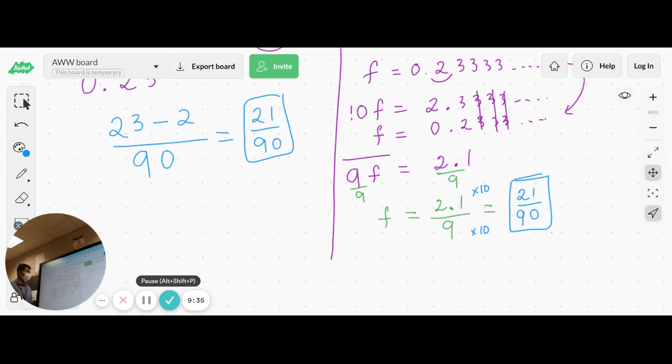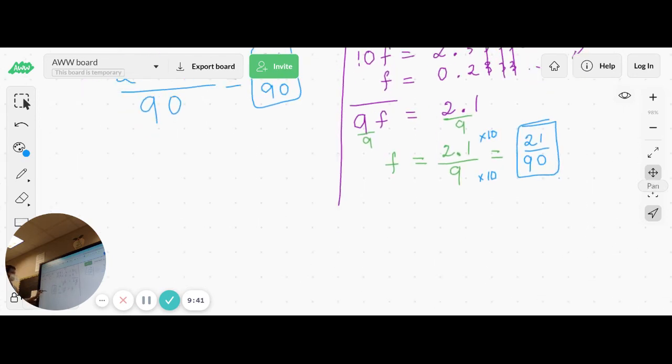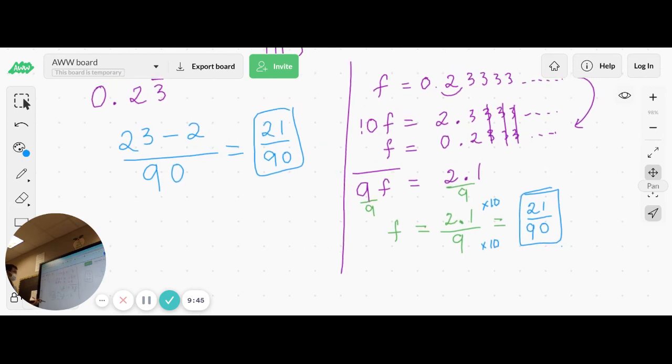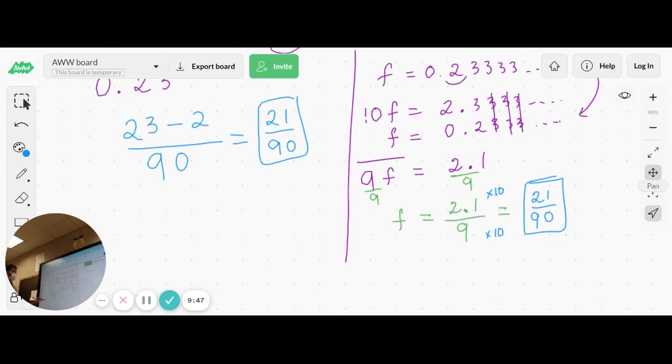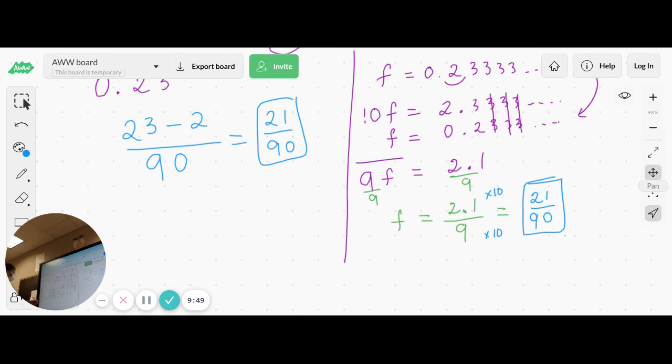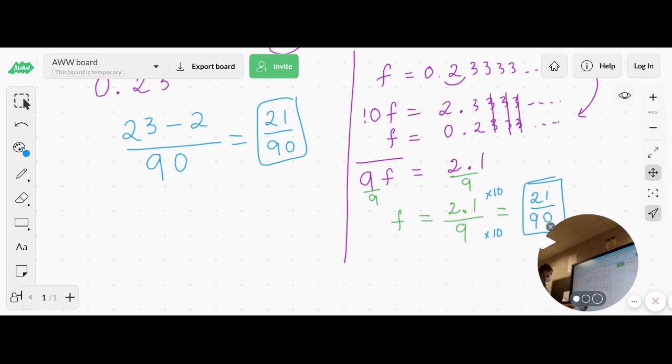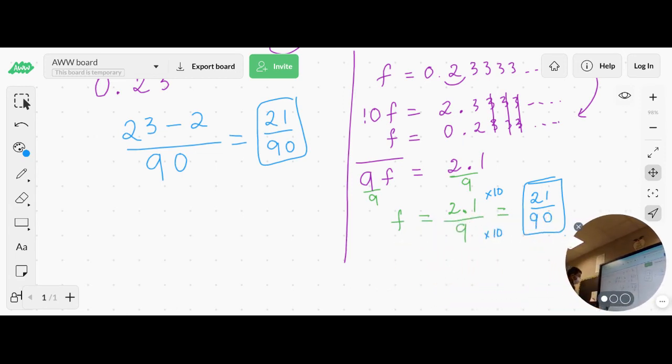Okay, let's try a few questions based on these models so you can get a really good idea how to work on these types of questions. Let's see. I'm going to view this question here so you can both see. Let's try the questions.